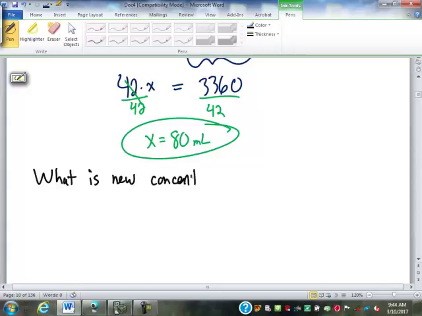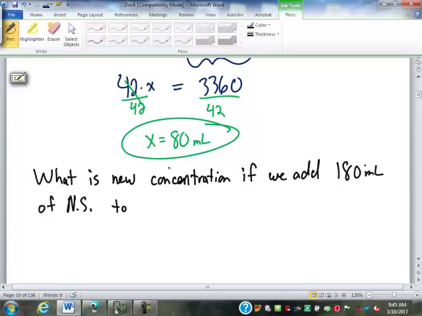What is the new concentration if we add 180 milliliters of NS to 120 milliliters of 36% solution?